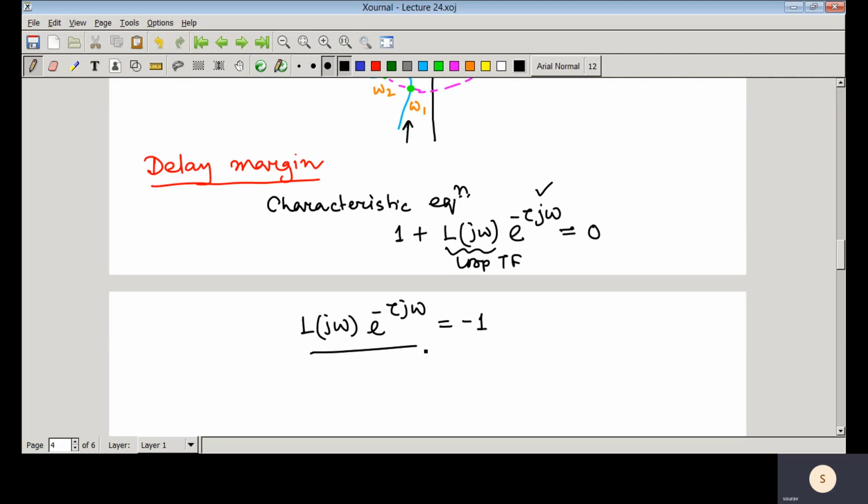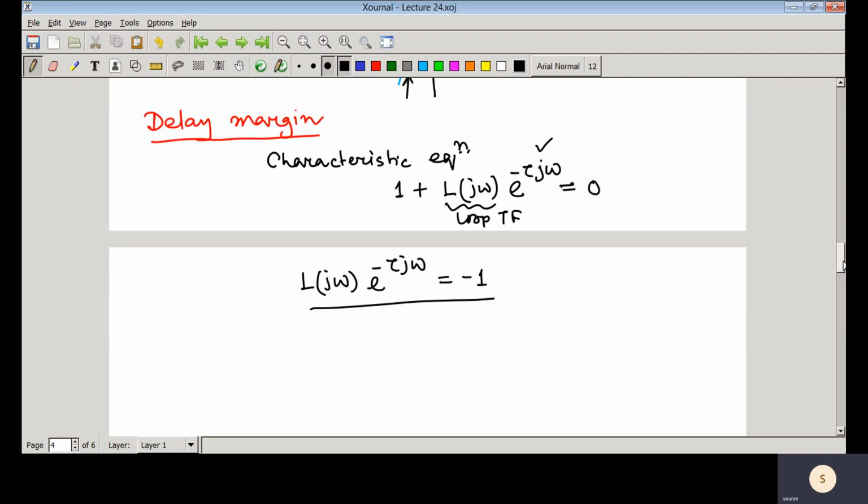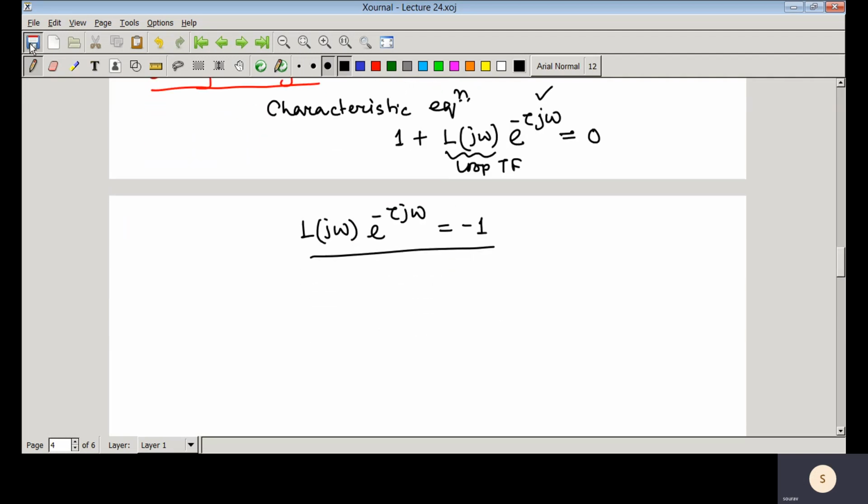So this is that equation, and we get it from the characteristic equation, and it is a complex equation. So immediately we can write the gain and phase equations corresponding to this equation.